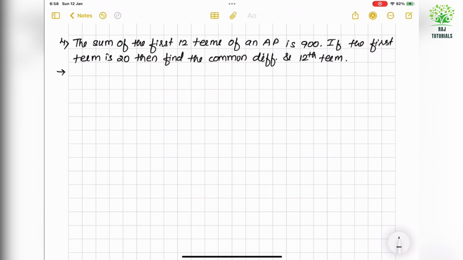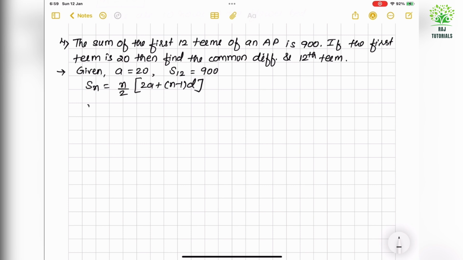Next question is the sum of the first 12 terms of an AP is 900. If the first term is 20, then find the common difference and 12th term. So here given is A equal to 20 and S12, that is 12 terms, it is 900. So using the formula Sn equal to n upon 2 into 2a plus n minus 1 d.